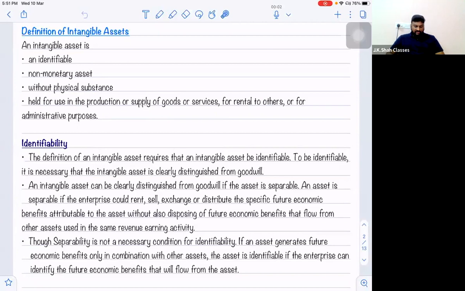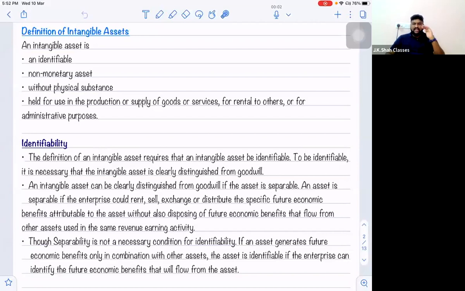So, sir, if I'm not wrong, the fourth point is exactly similar to the definition of property, plant, and equipment. But what are the 3 points? Identifiable, non-monetary asset without physical substance. Without physical substance, everybody knows. You cannot see, you cannot touch, you cannot feel. Right? What is non-monetary asset? Sir, non-monetary is exactly the same as AS11. Means the values will change.